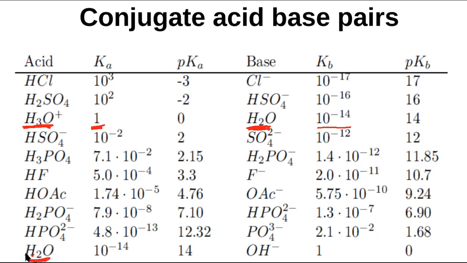Water, on the other hand, is related also to hydroxide ions. Hydroxide ion is the strongest base that can occur in water. You can have a stronger base in water, but as long as you have water in surplus, more water than that base, it will transform to hydroxide ions.